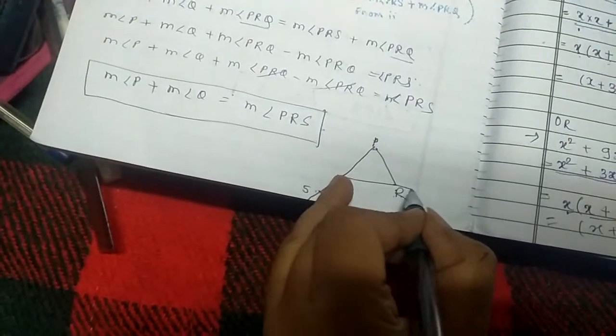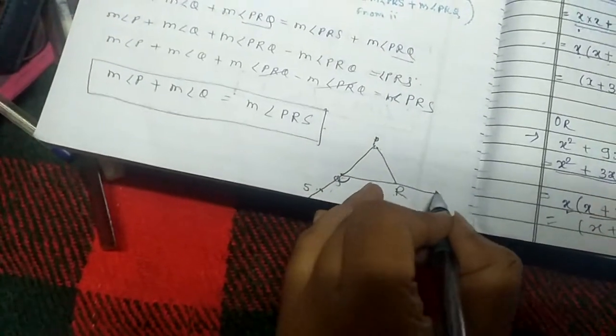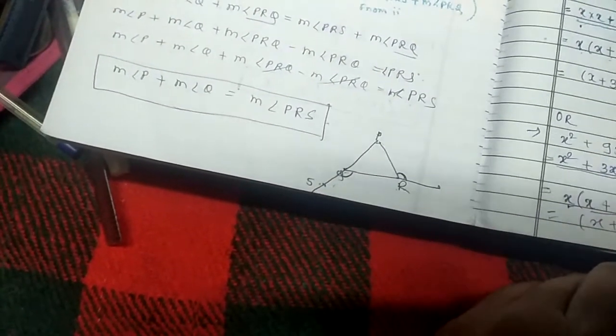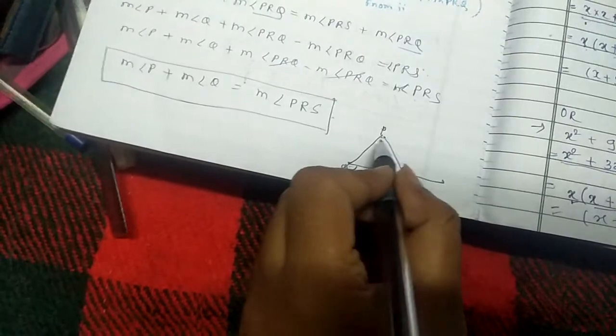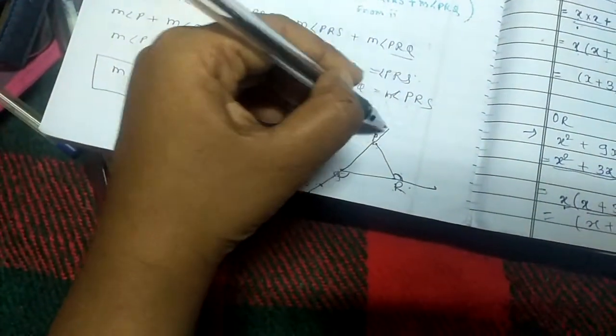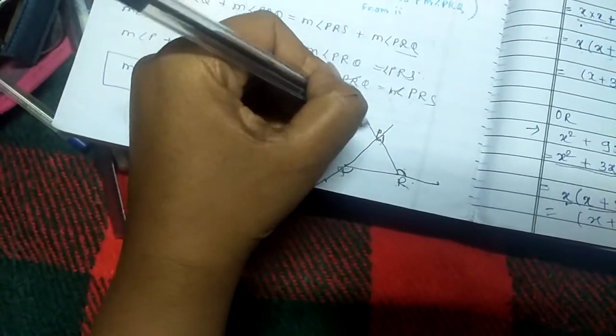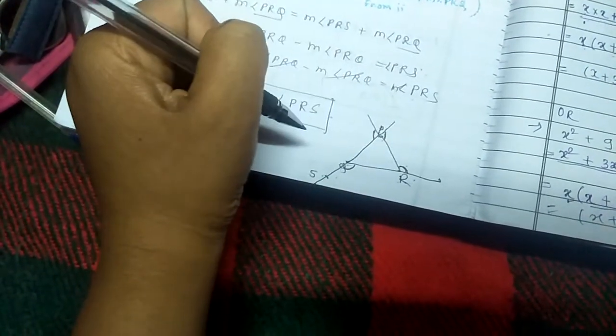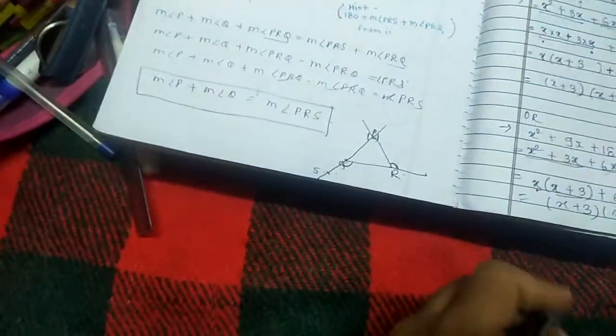Next, suppose you extend this side QR. Here you will get the exterior angle. This is also an exterior angle of the triangle PQR. And if you extend this ray, at this point you will get the exterior angle of triangle PQR.